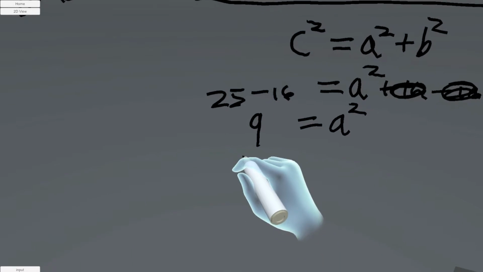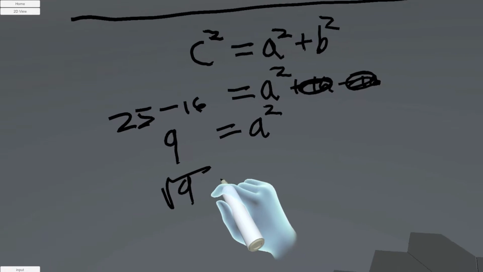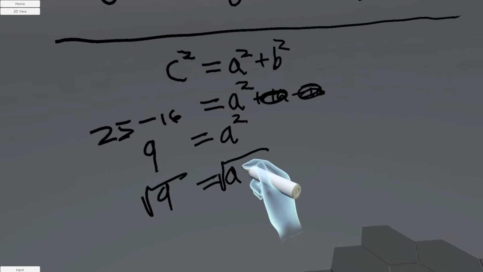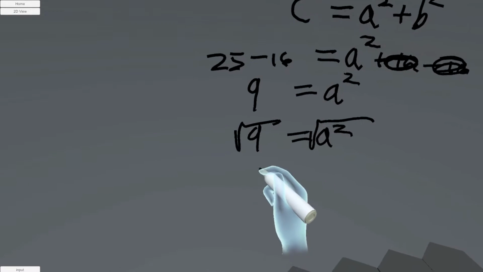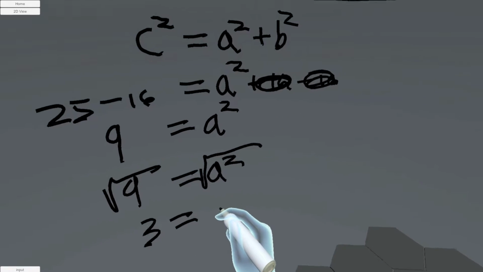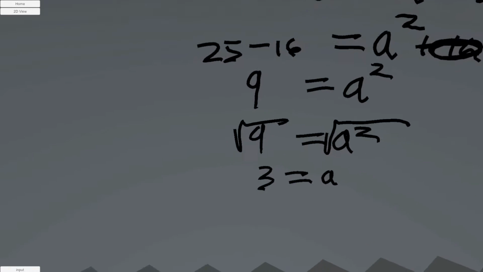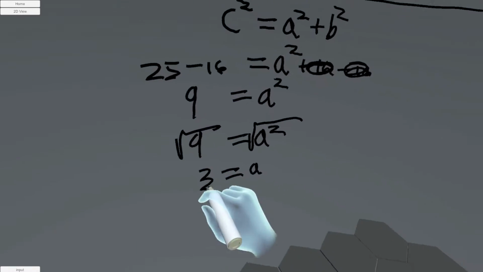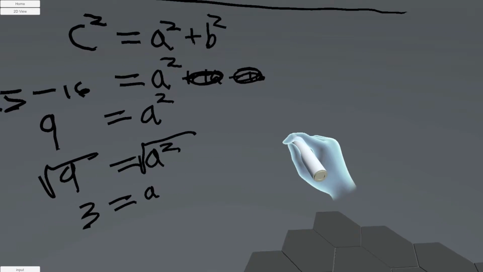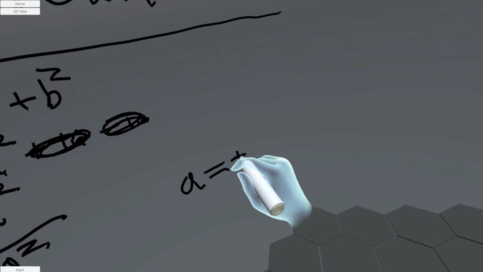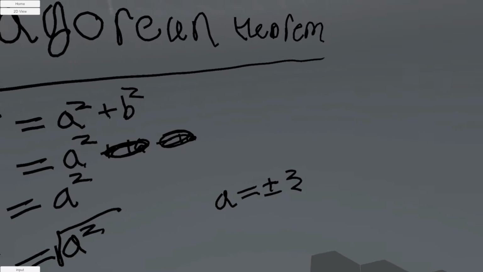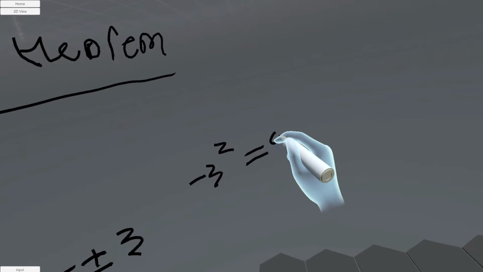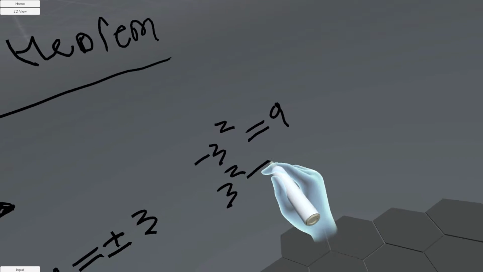Then we can take the square root of both sides, so the square root of 9 is equal to A, because we'll just do the square root of A squared. Okay, so 3 is equal to A. And one thing to know, just a side note, when you're dealing with square roots, actually A is equal to plus or minus 3, because negative 3 squared is equal to 9, and also 3 squared is equal to 9.